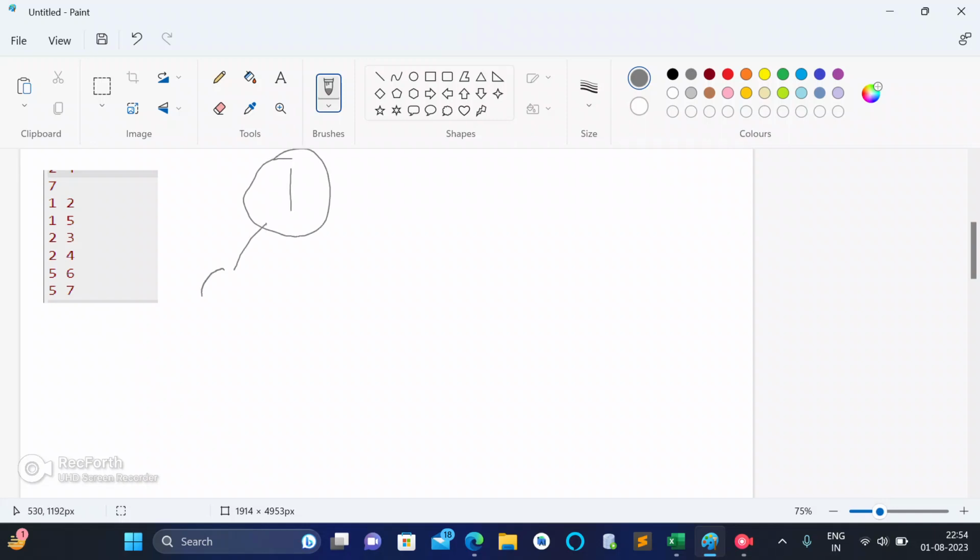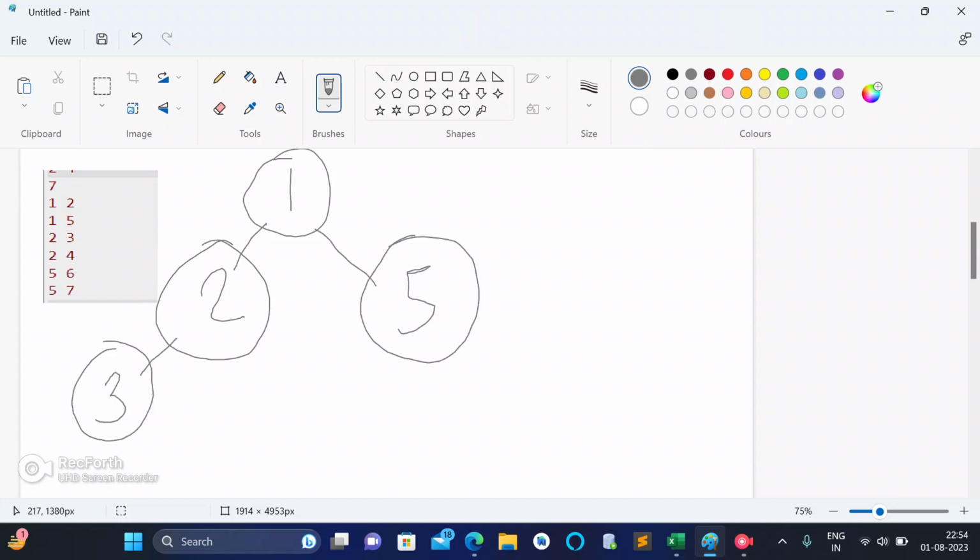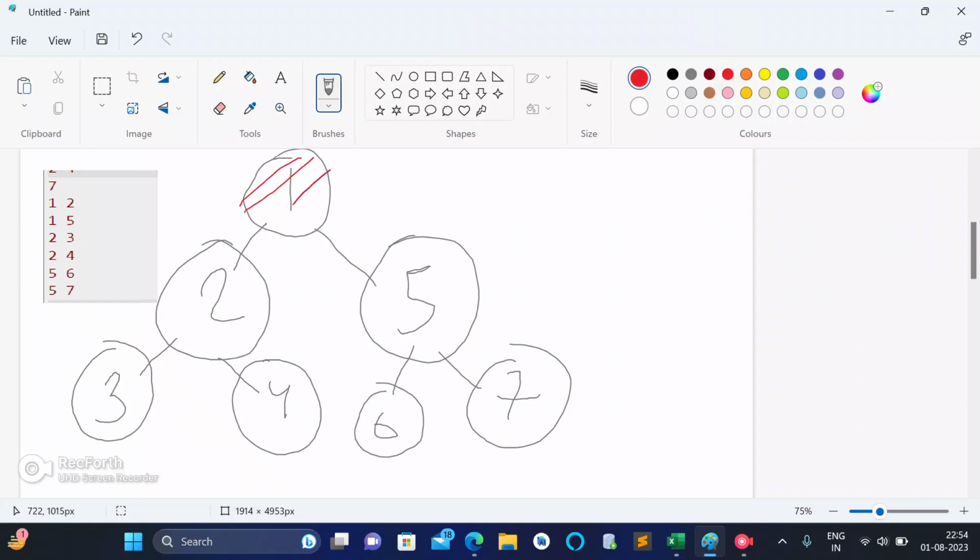The edges are 1 with child 2, 1 with child 5, 2 with child 3, 2 with child 4, 5 with child 6, and 5 with child 7. Initially the first node, that is 1, is infected. So let's say we remove 5.